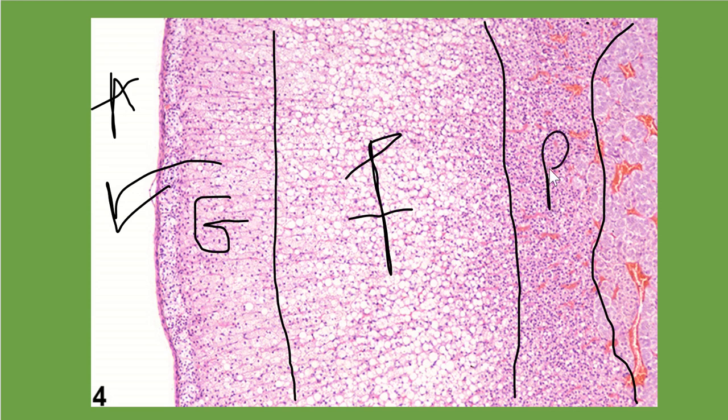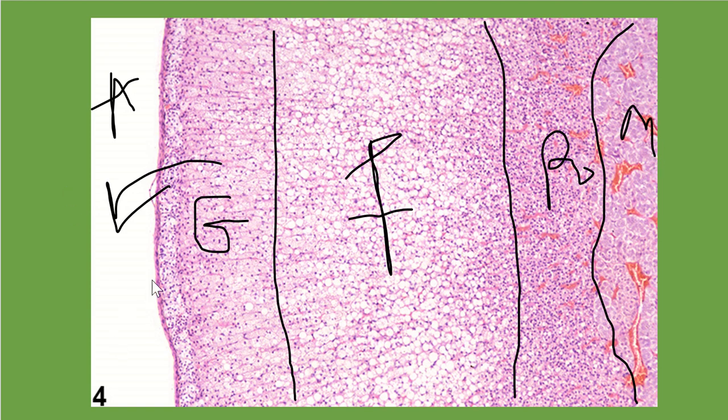Okay, so we have our glomerulosa, closest to going out in the world. We have our big fat daddy right here, fascicularis. And then we have our one that's left over, our R. And then this would be our medulla.